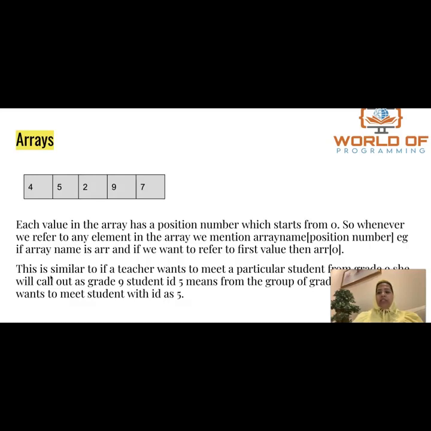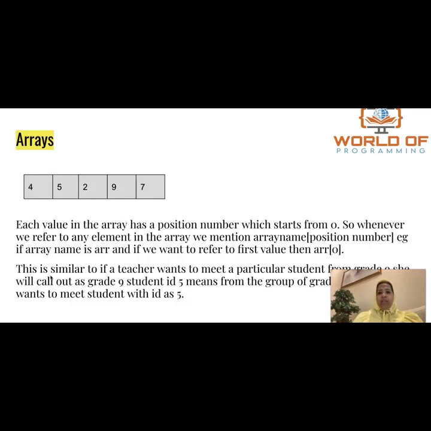Now, if the teacher wants to call a student from this grade and she doesn't know the name of that student, she will refer to the student maybe by the student ID. So she may make a call saying grade 9, that's the group name, student ID 5.